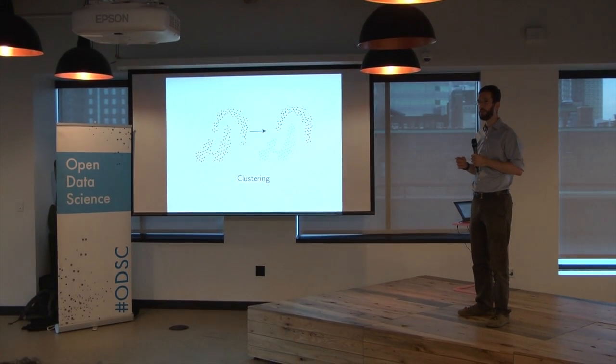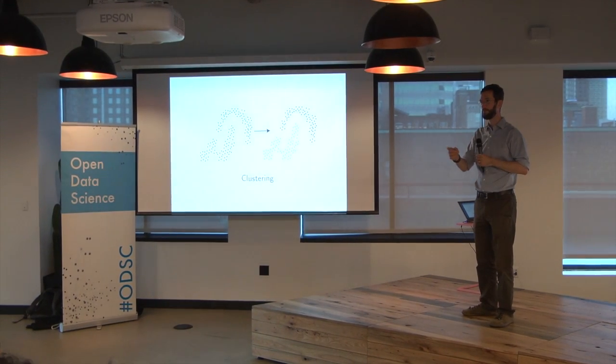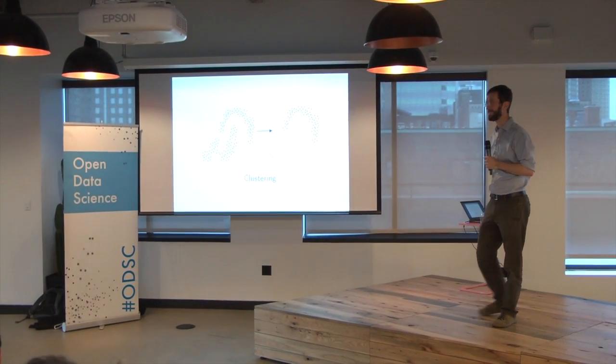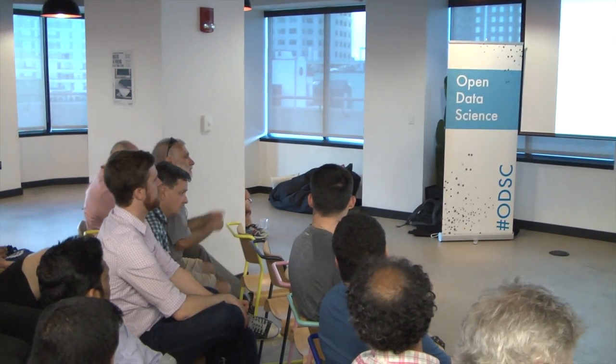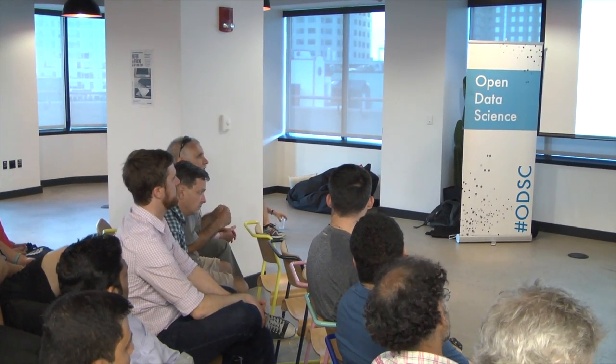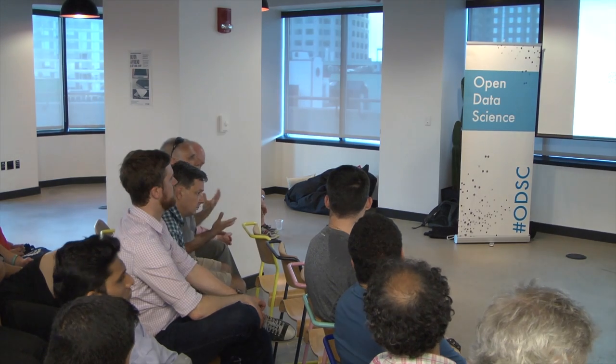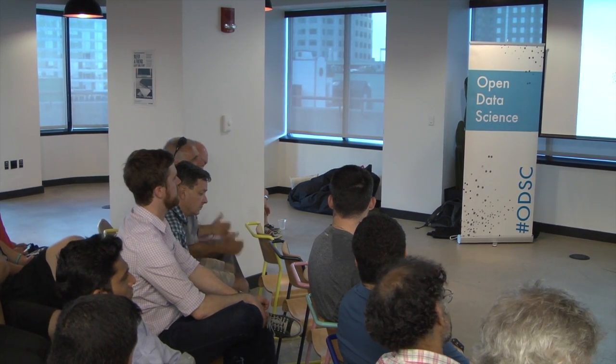Go ahead. This epsilon balls algorithm, how is it dependent on scaling along different dimensions? Because it assumes that the scale is predetermined, but sometimes it's not really. Yeah.